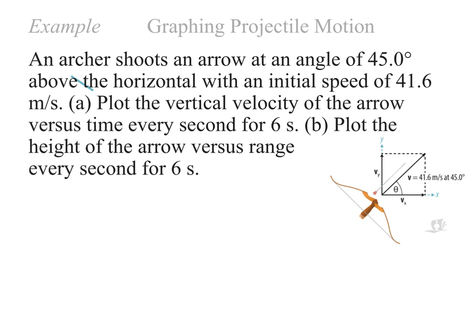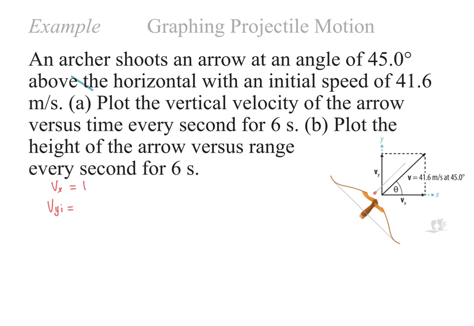So we're looking at the first one, vertical velocity versus time every second for 6 seconds. Let's talk about what vertical velocity and horizontal velocity look like for this. The first thing I would do is figure out that horizontal velocity and that initial vertical velocity. We're going to do that using the formulas we were just given.